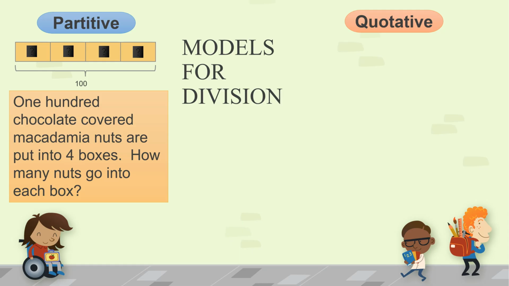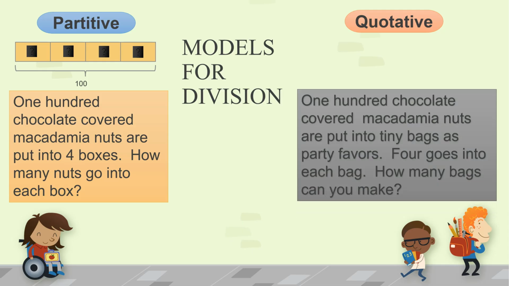Now, what's the other model? You still have 100 chocolate macadamia nuts, but now they are being put in tiny little bags, and we know that 4 go in each bag. In the partitive model, the question mark was how many go into each. Here we know 4 go into each.